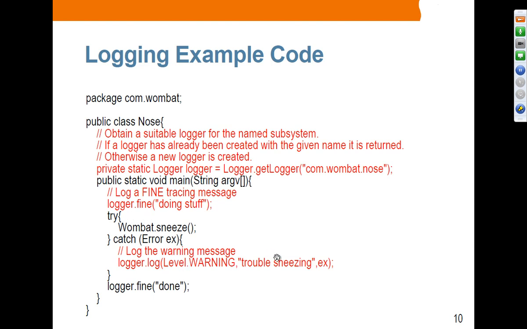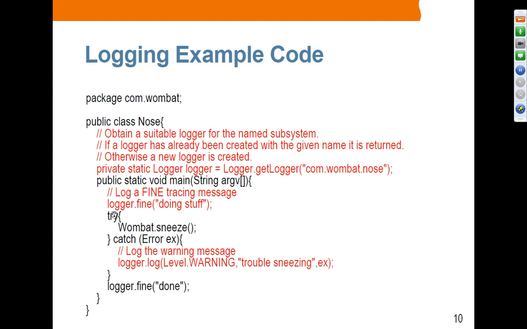You can create a log message in two different ways. One way of logging a fine message is to call the fine method, or you can call log and then specify the level. As you will see in a few minutes, fine or warning are logging levels.